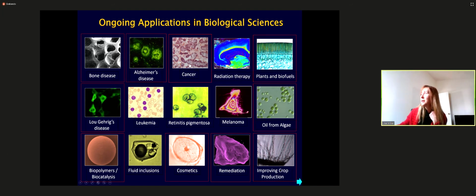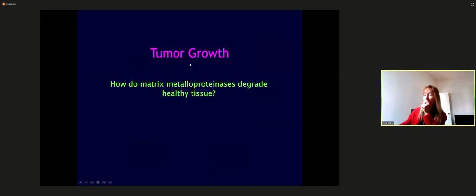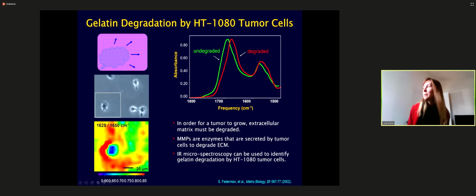So cancer was all about tumor growth, this particular example. And in this particular case, we were interested in understanding something called matrix metalloproteinases and how they degrade healthy tissue. So what do I mean by a matrix metalloproteinase?